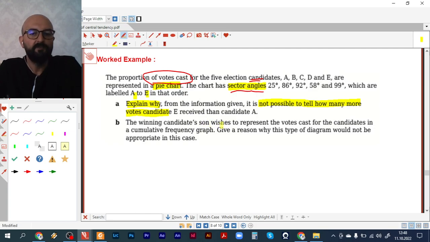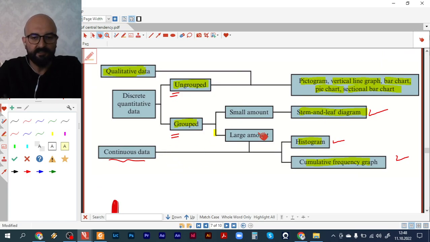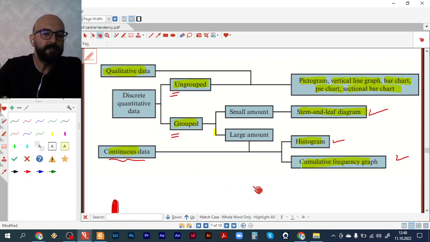the winning candidate's son wishes to represent the votes cast for the candidates in a cumulative frequency graph. Give a reason why this type of diagram would not be appropriate in this case. Please remember that if you want to use a cumulative frequency graph, you have continuous data, and your data should be grouped.